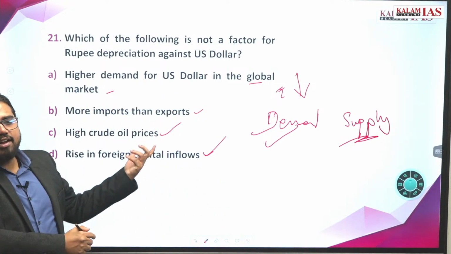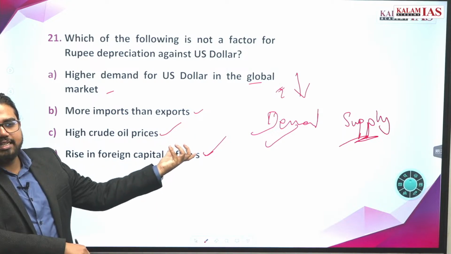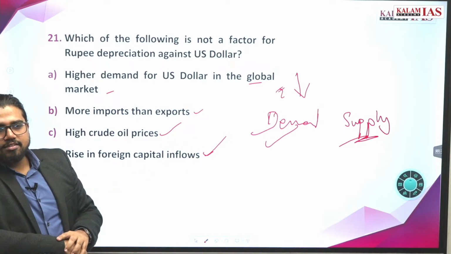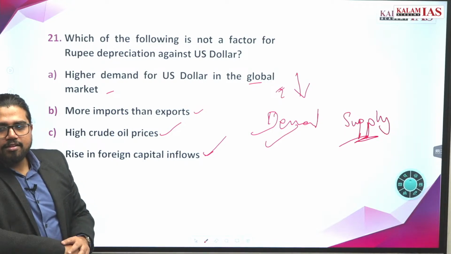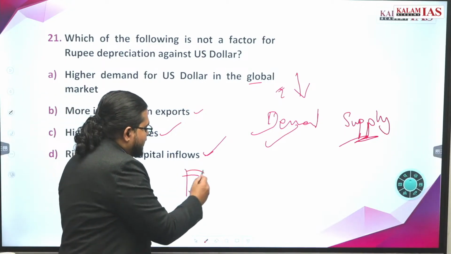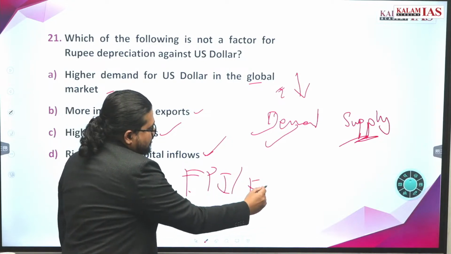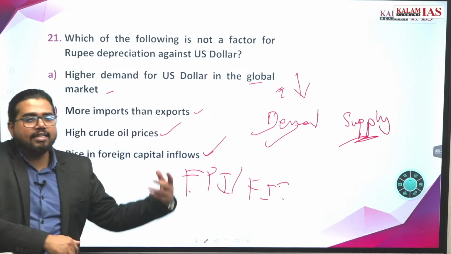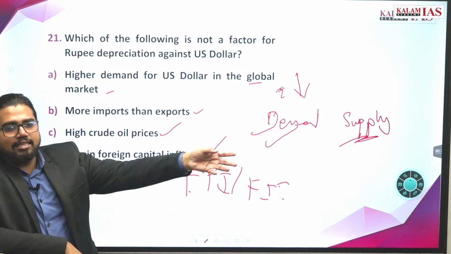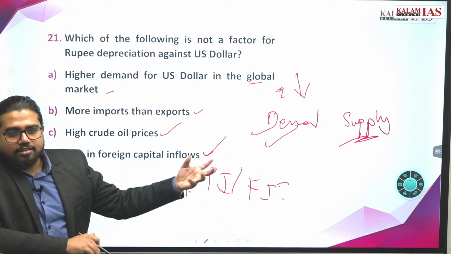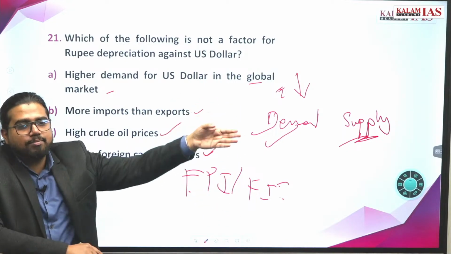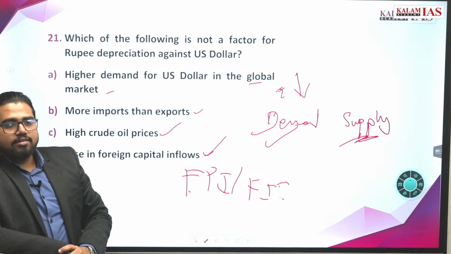What is happening today is we are seeing capital outflow in the recent past. FPI, FII, all these investors are sending money out of India. For the last 3 years, we had been seeing a very positive sign on FPI, FDI. This year, we have seen people pulling out of India.